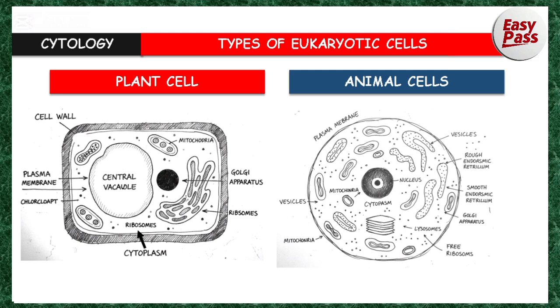All cells have some compartments, some things in them that enable them to function very well, and these things are referred to as organelles. The word organelles, if it is broken down to the root word, you will understand that we have organ, then the suffix. The organ, just like we have in human beings, help carry out one or two functions.